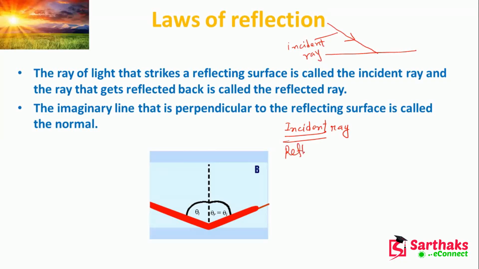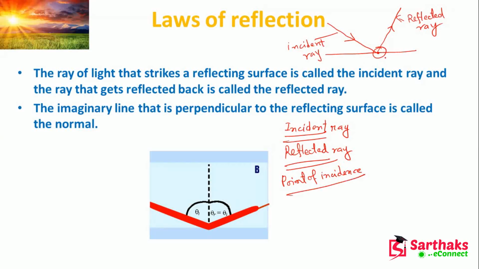Then the next term, this is the reflected ray. It will bounce back to the same medium, so it is called the reflected ray. This point, the point of incidence. At which point the incident ray strikes, this is called the point of incidence.